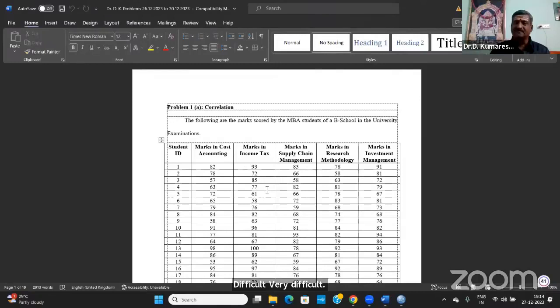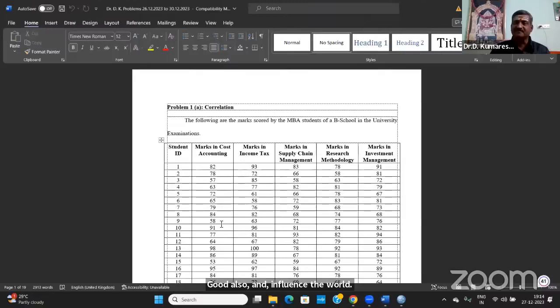Like that, you can categorize. Or simply easy, difficult. This difficulty level could also influence the marks obtained.